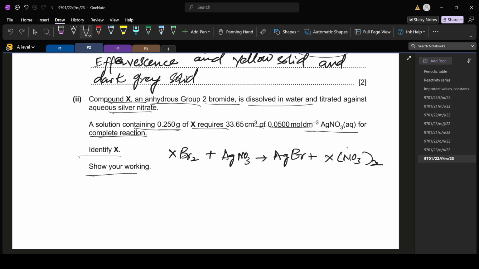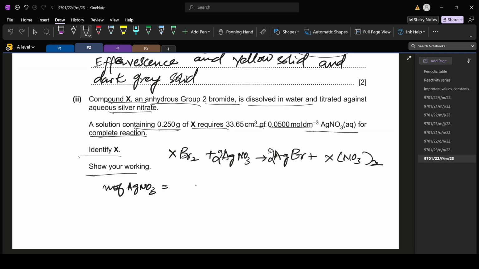This will be your equation, and you have to balance it. Now you can see that the bromide and silver nitrate are in a 1:2 ratio. That was an important thing to understand, which is why I wrote the equation. So firstly we find the moles of silver nitrate.